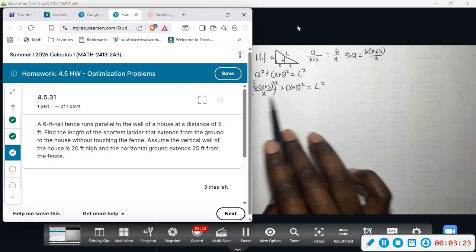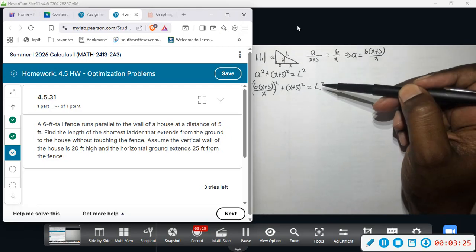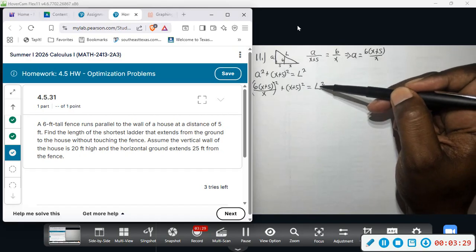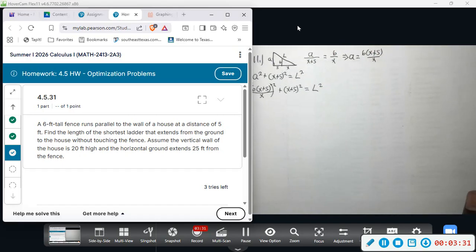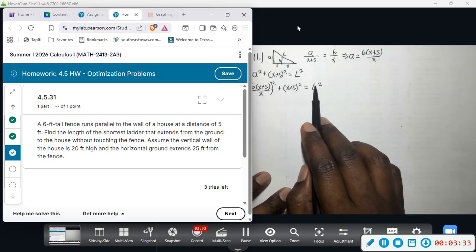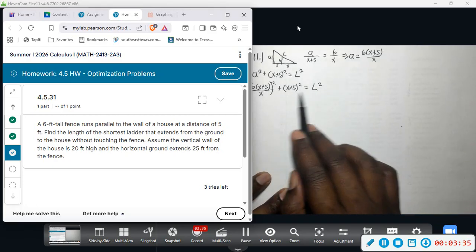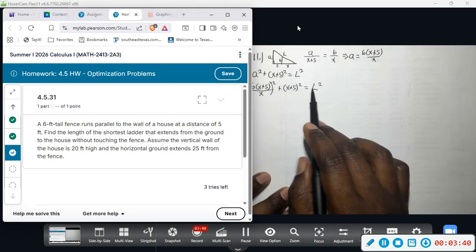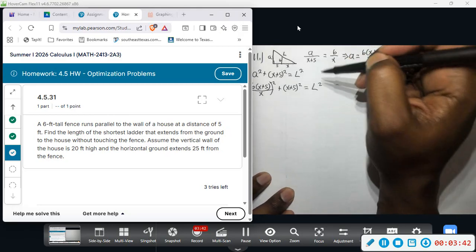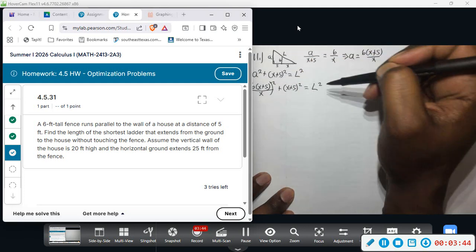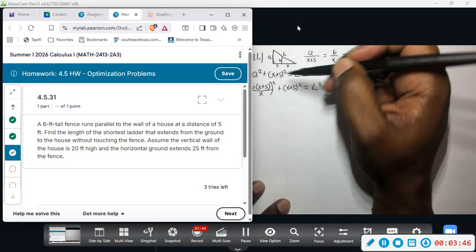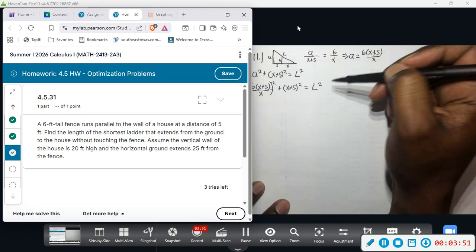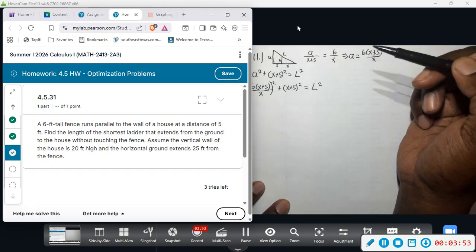That's going to make it much more messy, but the purpose of this is we want to find the derivative so we can minimize the ladder's length. The critical value for L squared will be the same for L, so it'll be easier to take the derivative with L squared and then just go back and plug in. So we're going to leave it as L squared. We're not going to take the square root. We're going to solve this, and then when we go back and plug it in, we will take the square root to find the actual length of the ladder.